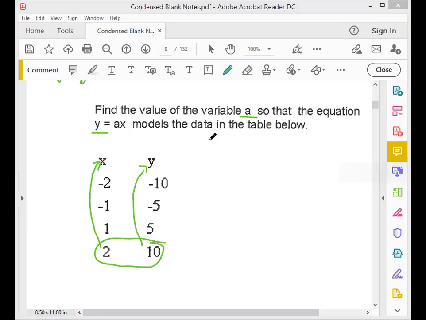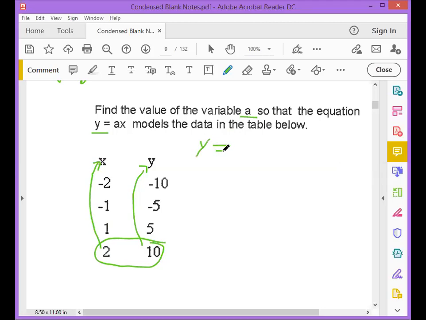And when we do that, our equation, remember, is y equals ax. We're going to substitute 2 for x into our equation, and we're going to substitute 10 for y. That will become 10 equals a times 2.